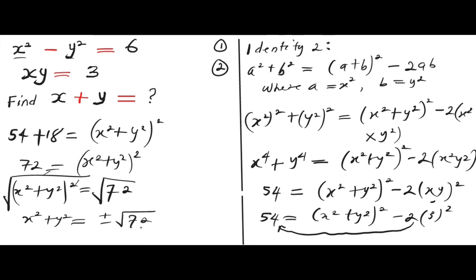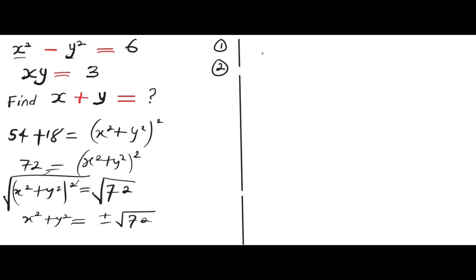Okay, we can continue on this part of the board. So this 72, we can simplify it further. You know, 72 is the same thing as 36 times 2. All right, so we can simplify this further by writing x squared plus y squared equals plus or minus the root of 36 times 2. Okay, 36 times 2 is the same thing as 72.